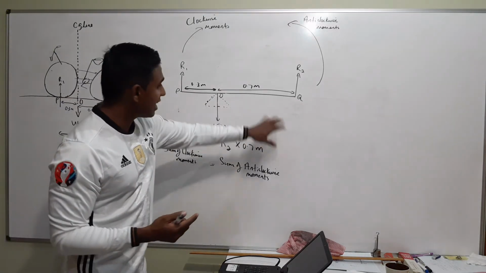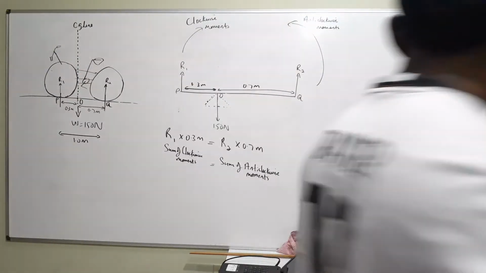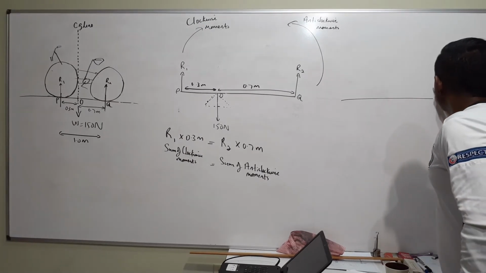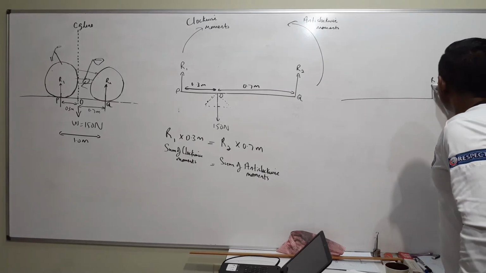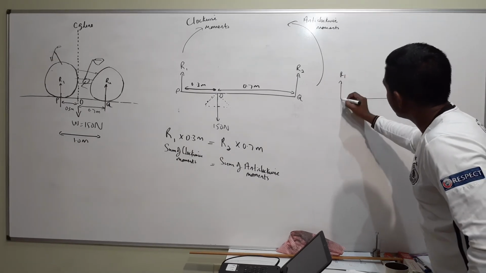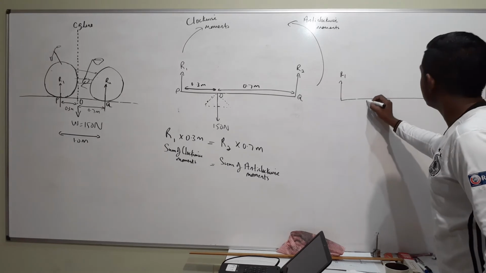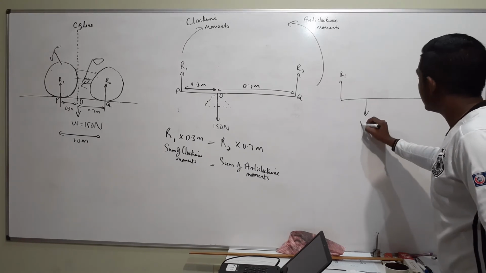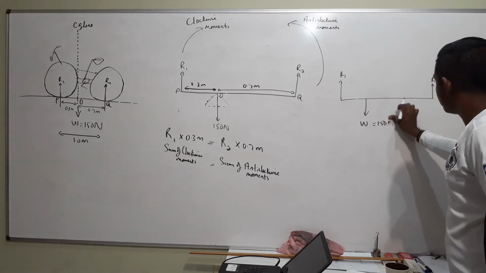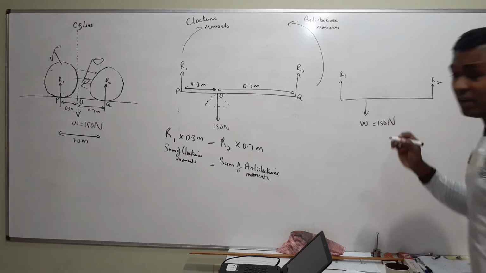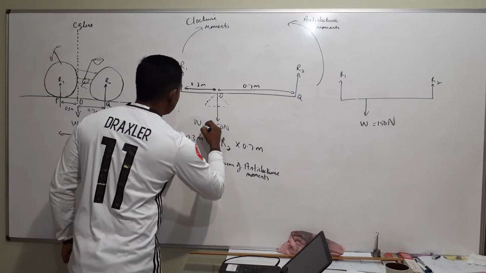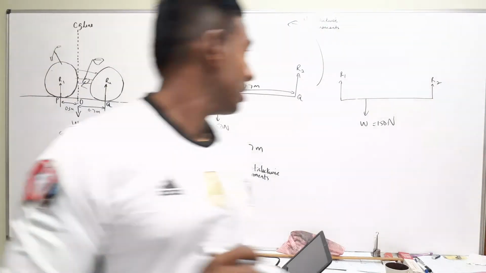So if you look at this diagram again, we will also end up with a situation where we have R2 going upwards, R1 going upwards, and the weight of the bicycle, W, which is 150 newtons. Let me just put in the weight here so that we know that this is the weight of the bicycle, right?